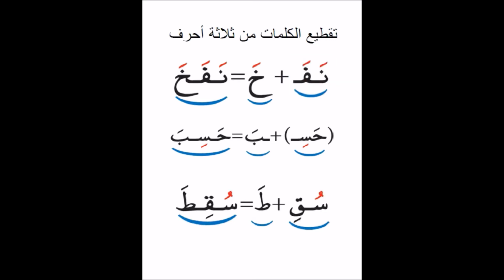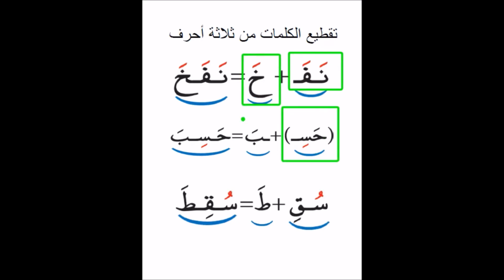So for nafakha, the first word, the student should cut the word into 2 parts, the first 2 letters, and then just add on the last letter. Same thing, first 2, add on the third. So in this case, nafa, kha, nafakha.